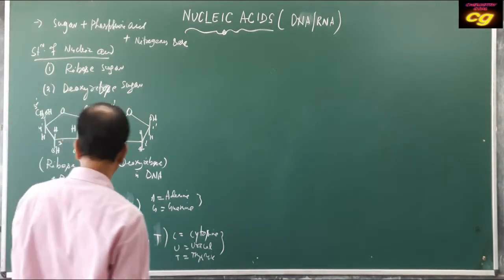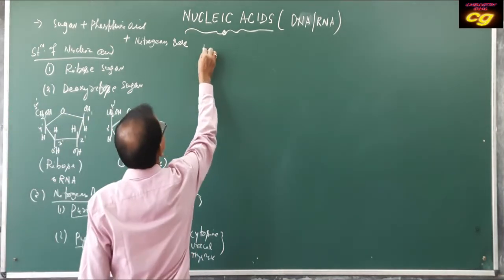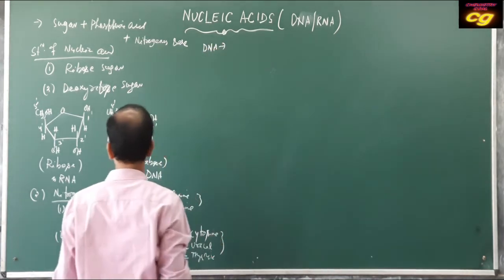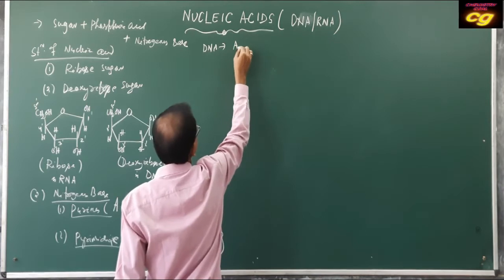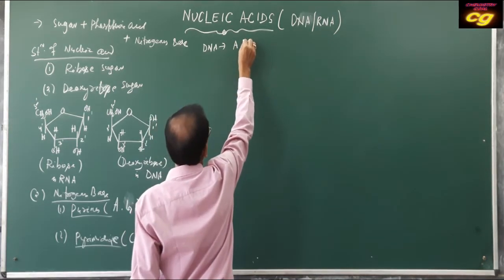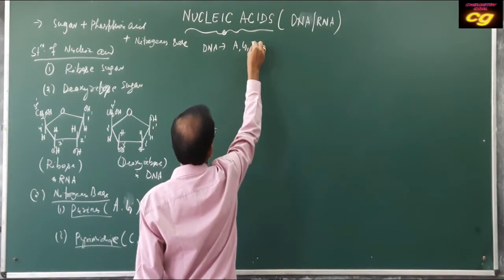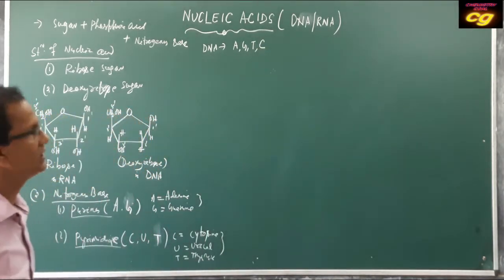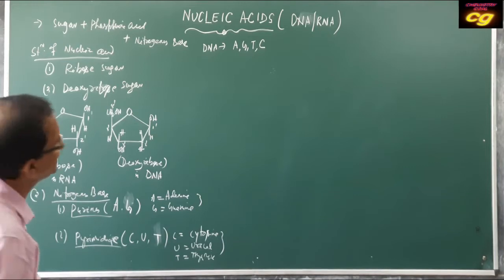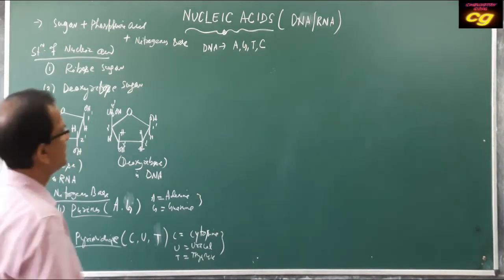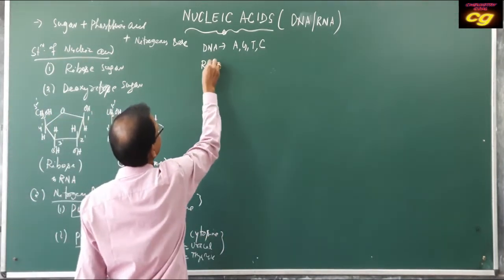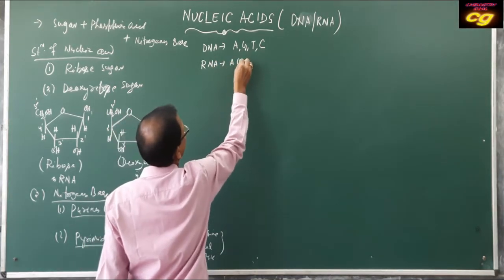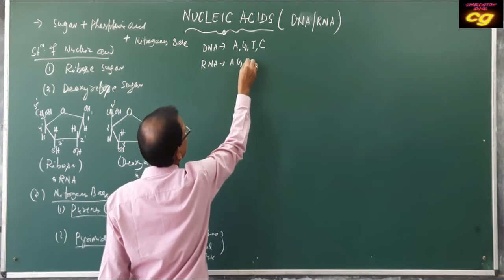Mainly, DNA contains the bases adenine, guanine, thymine and cytosine: A, G, T, C. But RNA contains adenine, guanine, cytosine, and in place of thymine, uracil.